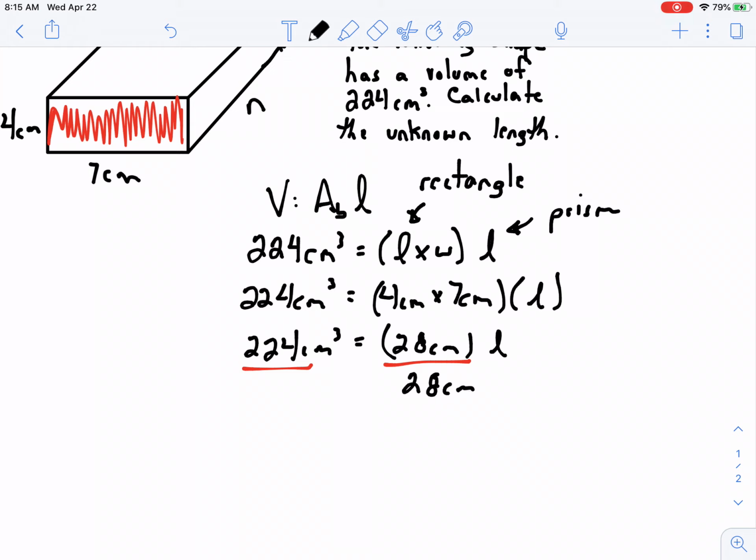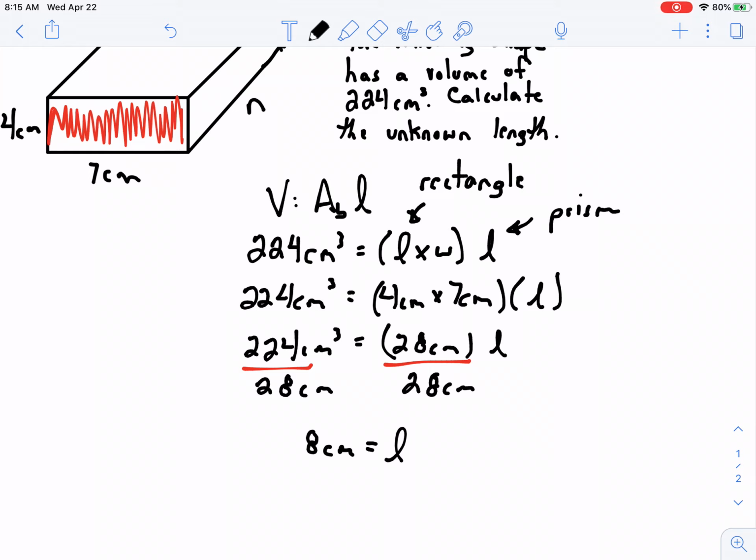So if I divide this side by 28 centimeters, when I go 224 divided by 28, it should give me 8, I believe. 224 divided by 28, sorry, is 8. So yes, my length is 8. So that's how we find the unknowns if we're dealing with a rectangular prism.